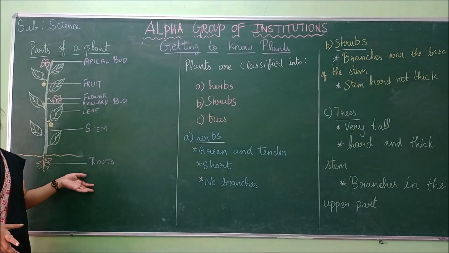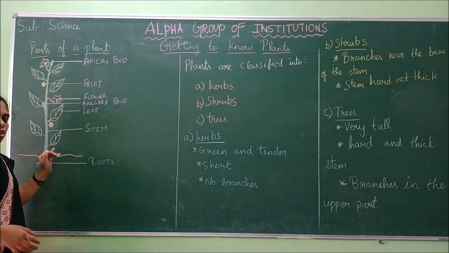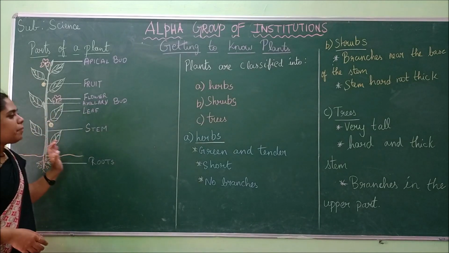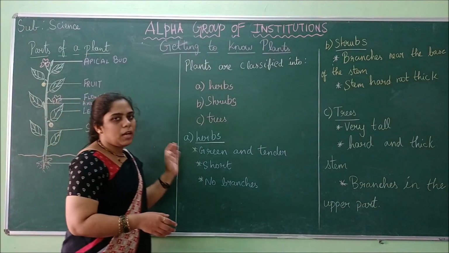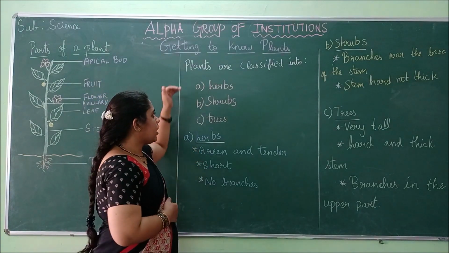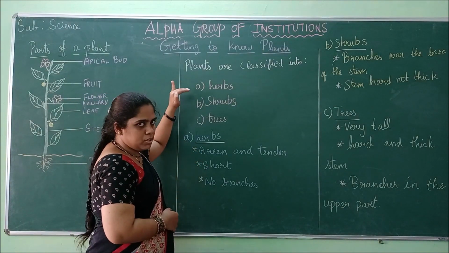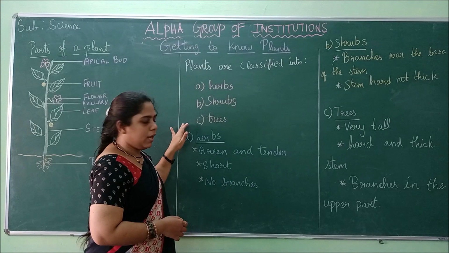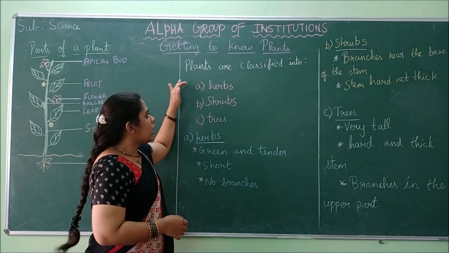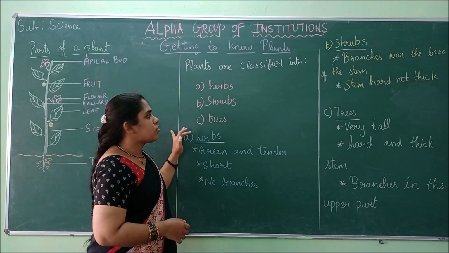So we saw the important functions of each part of the plant. Then we saw how these plants are divided into herbs, shrubs and trees.